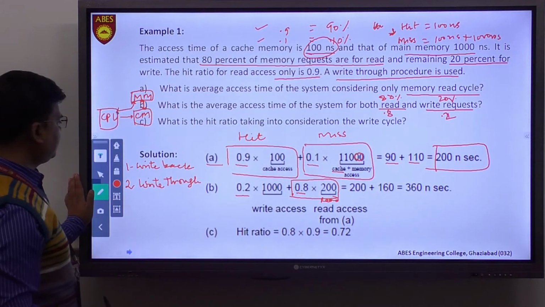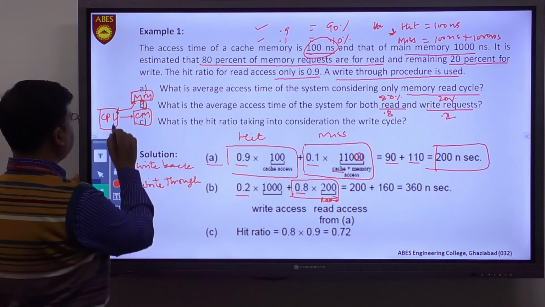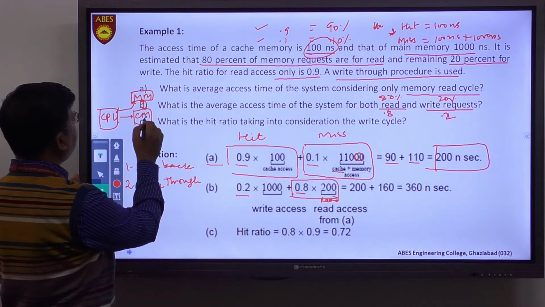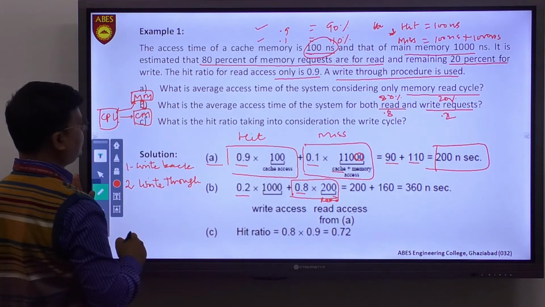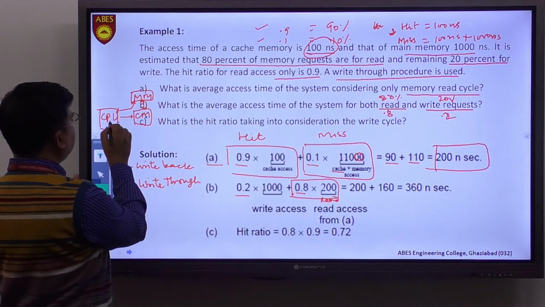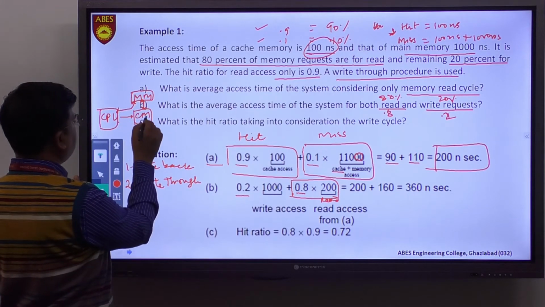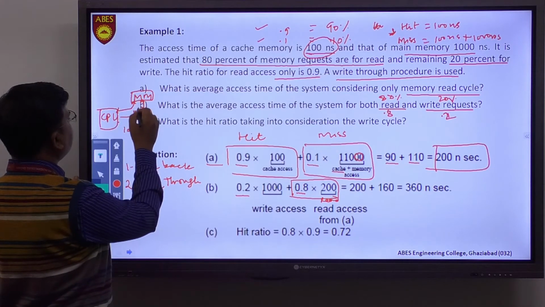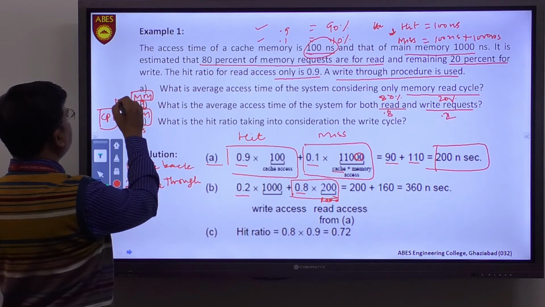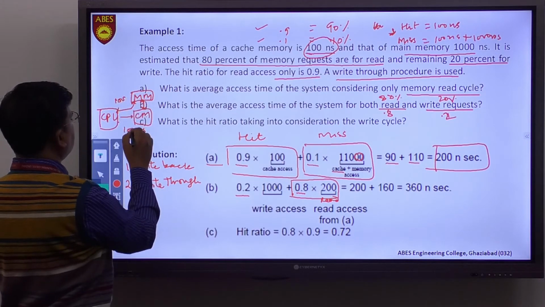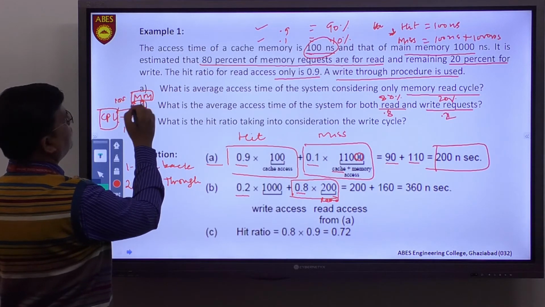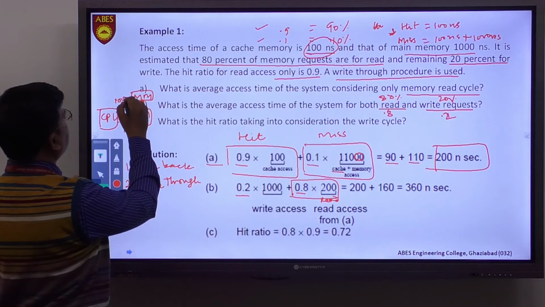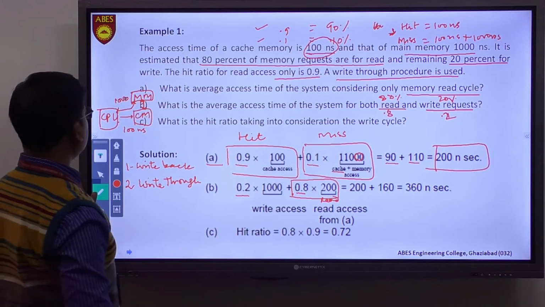But in the write through process, what happens? The CPU writes in the cache block as well as simultaneously in the main memory block. So writing from the CPU to the cache memory takes 100 nanoseconds, but writing simultaneously to the main memory takes, sorry, 1000 nanoseconds.